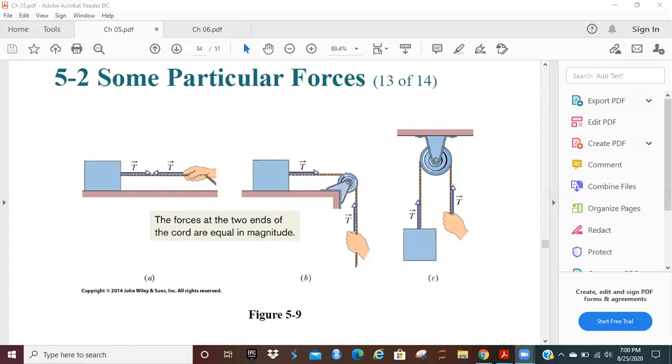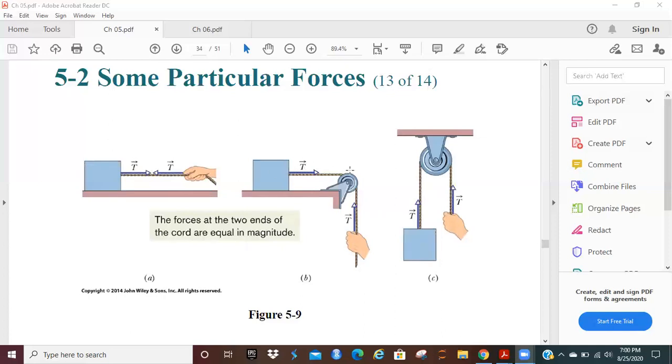If we put in a pulley, the direction of that tension is going to change. So the tension is still being applied along the rope, because that's obviously the object that connects the two. But how that tension is being reflected here, we can see that the tension is the block pulling against the hand.